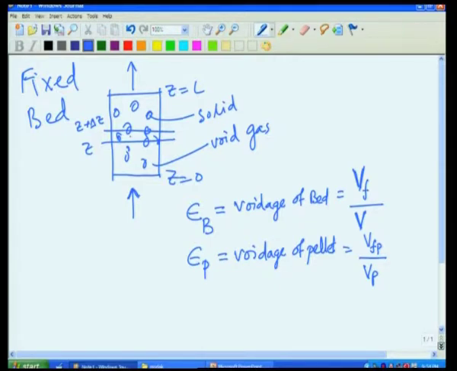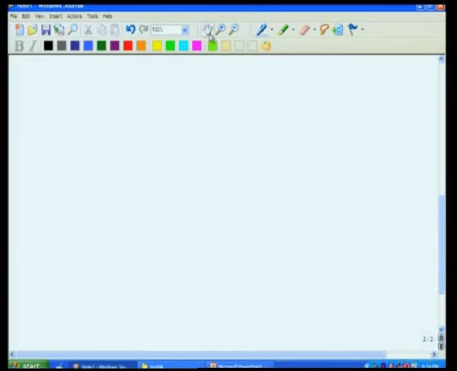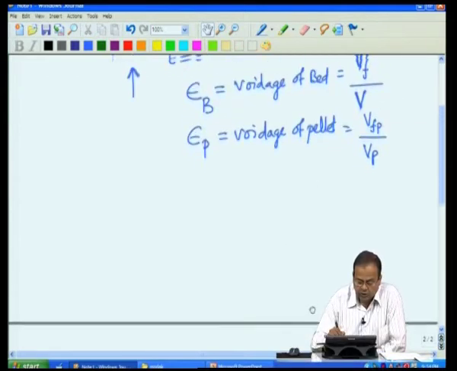What is this small cross section? It consists of both solids and voids, and we will assume that the void fraction is uniform through the bed. So, epsilon p and epsilon b are applicable in this particular case as well.